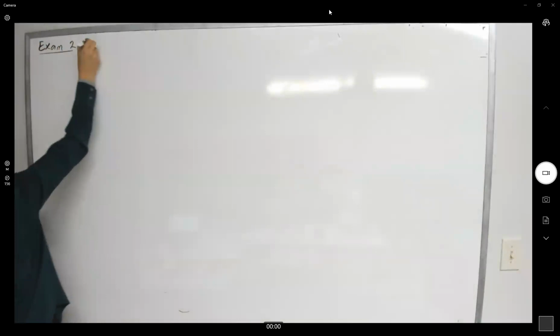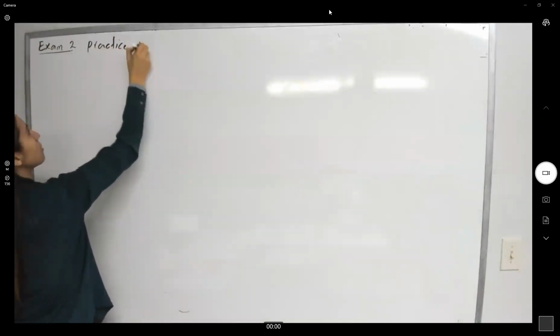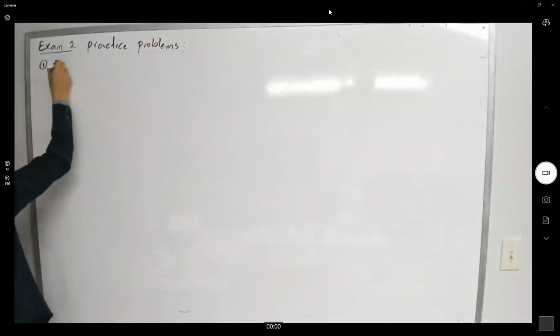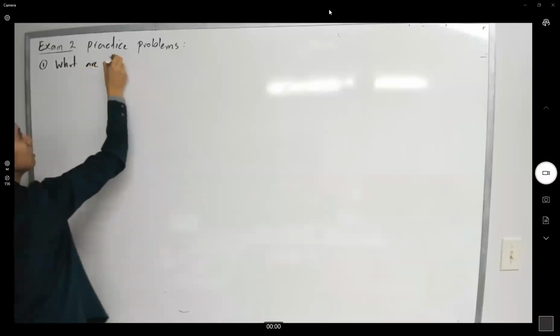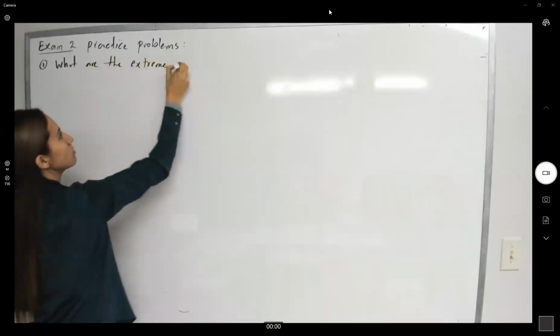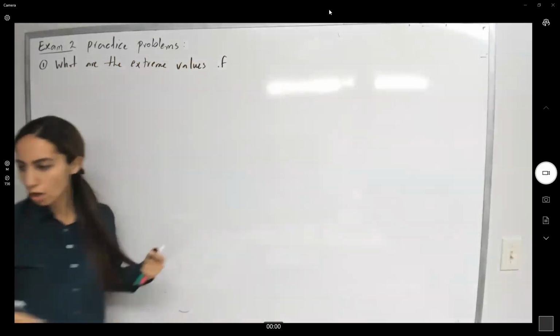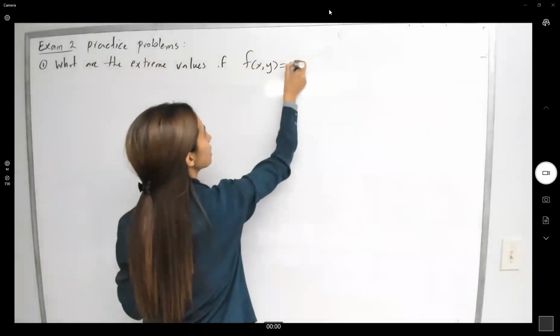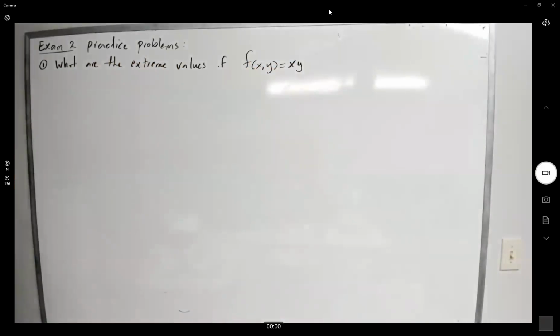So the very first question, let me find the question. Okay, the question says, what are the extreme values of the function f(x, y) = xy, subject to the constraint?